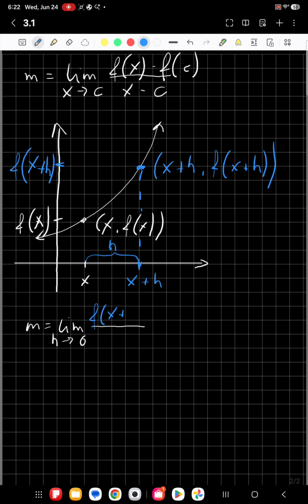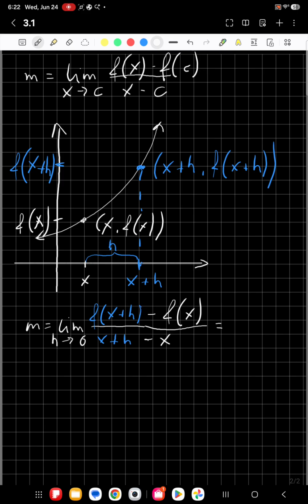So x plus h. Now I'm just subtracting f of x. Okay, and then the bottom is x plus h, so x coordinate of the blue point minus x.